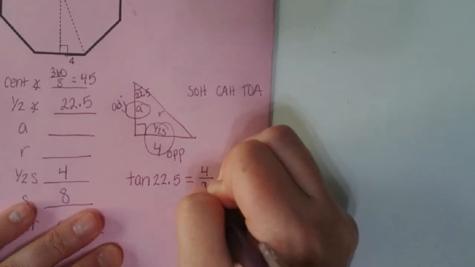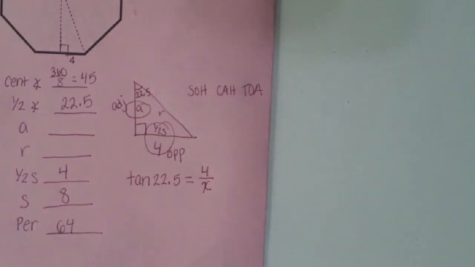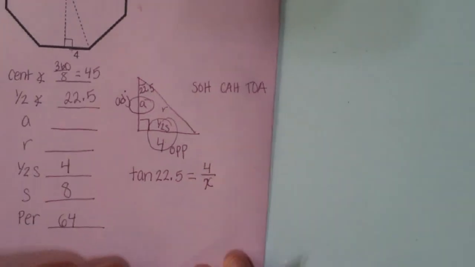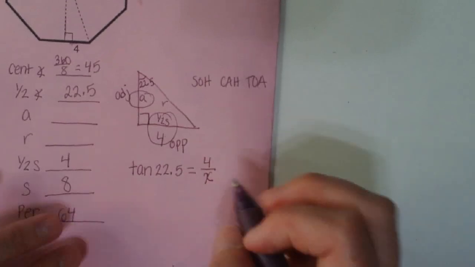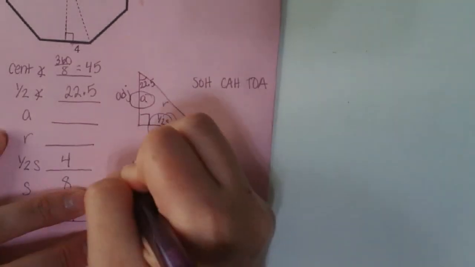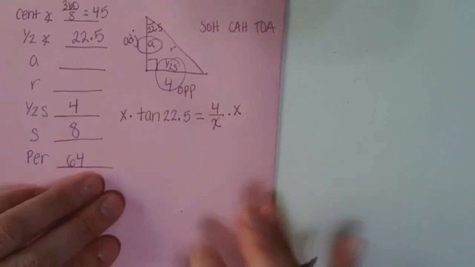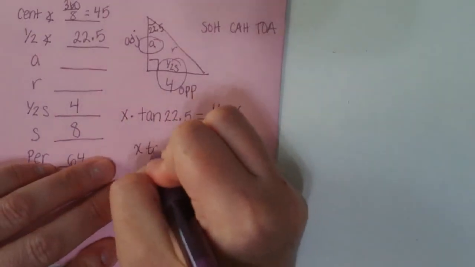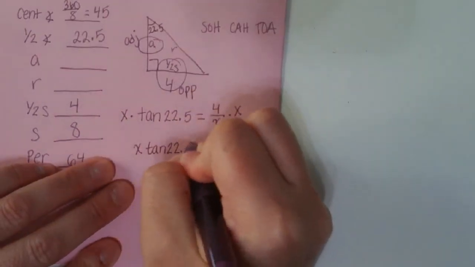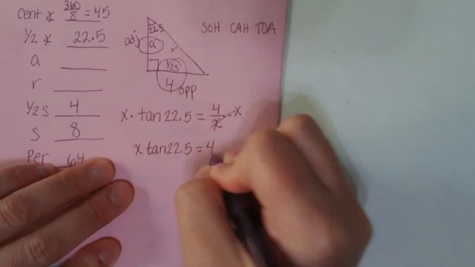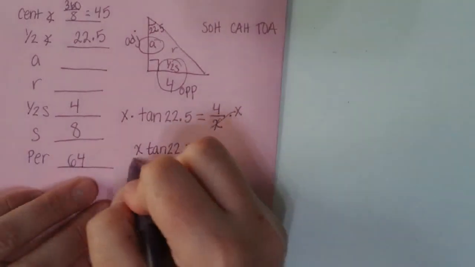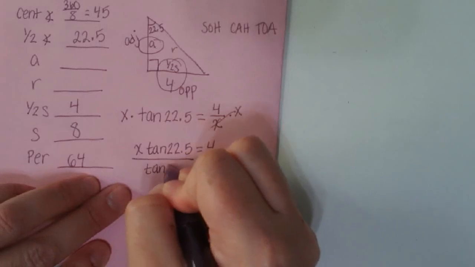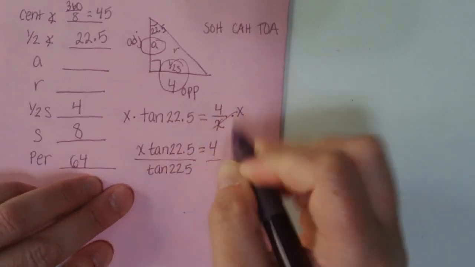We'll say that is going to be just our x. Now to solve for x, we're going to multiply both sides by x. So when we do that, we get x tangent of 22.5 is equal to 4. Continue to solve for x, so divide by tangent of 22.5.